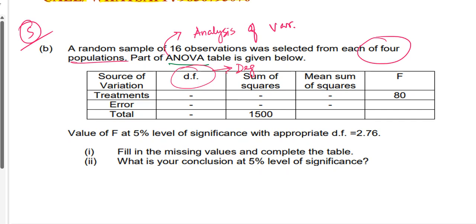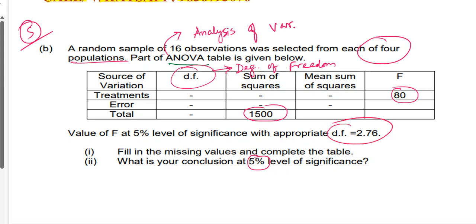Here the total sum of squares is 1500, the F statistic for treatments is 80, and the F value at 5% level of significance with appropriate degrees of freedom is 2.76.